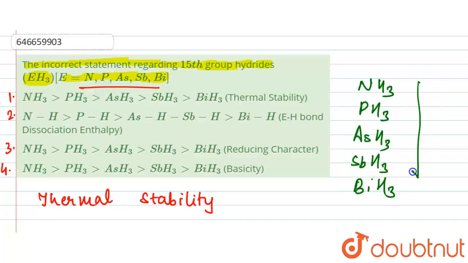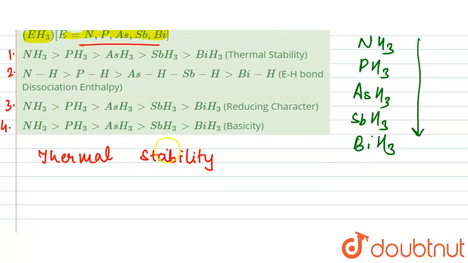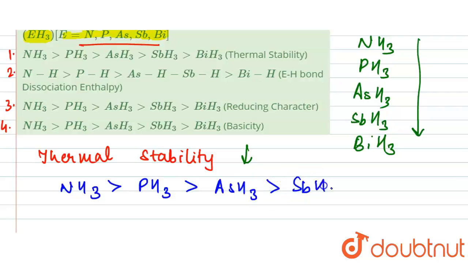So when we move down the group, the thermal stability decreases, and the order will be NH3, PH3, AsH3, SbH3 and BiH3. Now the question is why it decreases.